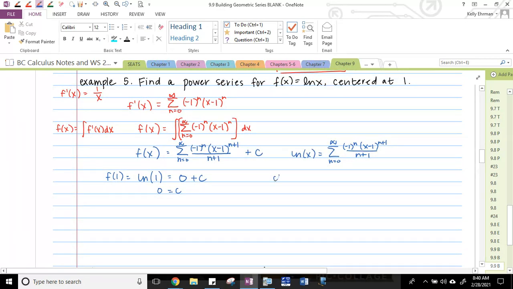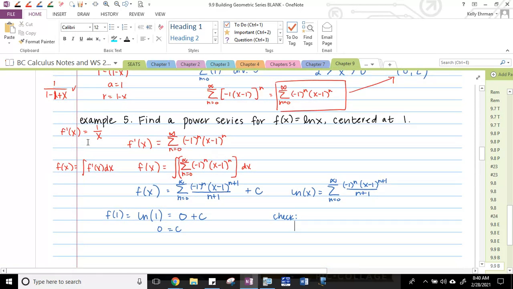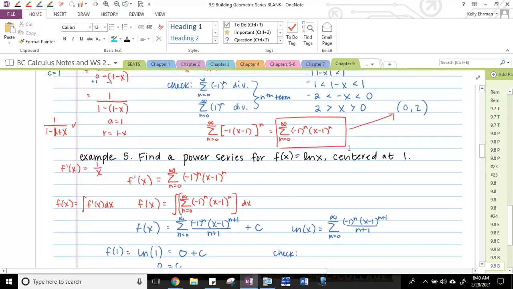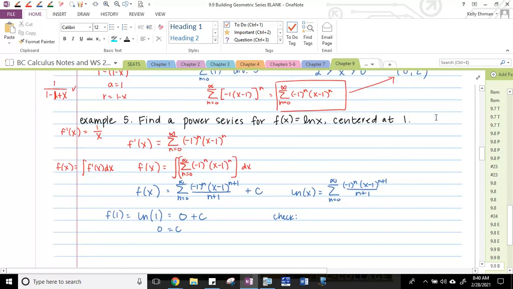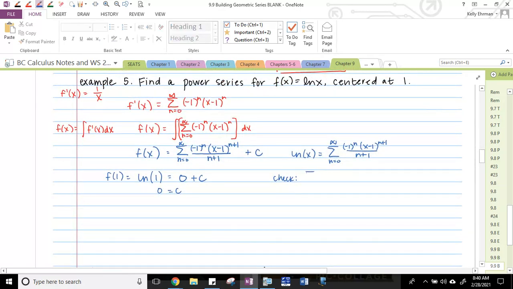So we're checking endpoints to see if, now that we've done some calculus, we took a derivative, we took an integral, does that now include a 0 or include a 2? All right, so check into your power series right here for natural log of x.